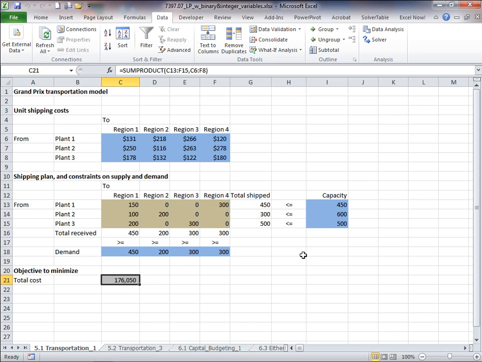Now, maybe in this problem, it wouldn't happen, but I have seen many transportation problems where you can have multiple answers that all come up with the same objective function. Doesn't that violate optimization? No, not at all. Just says you have multiple optimal solutions. The point is, none of those solutions is better than this one.